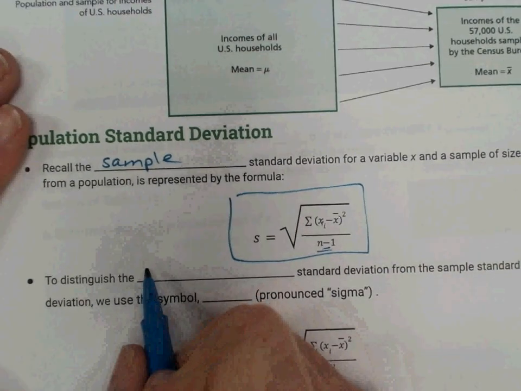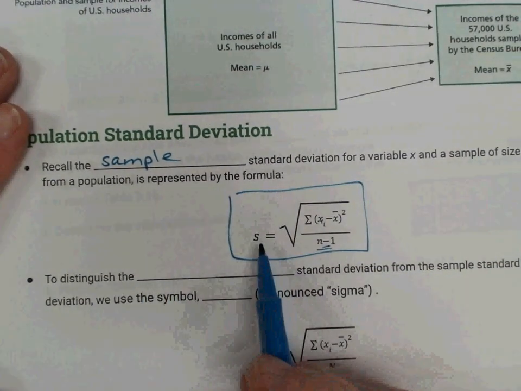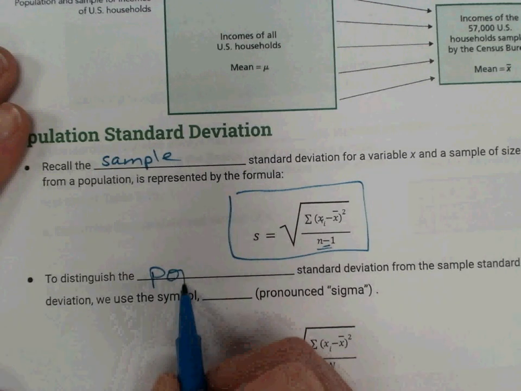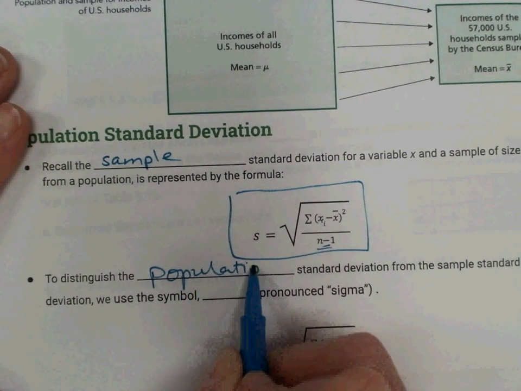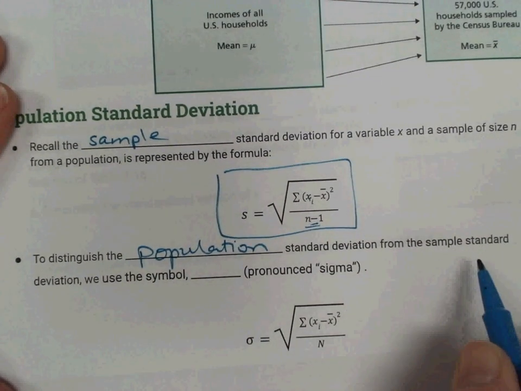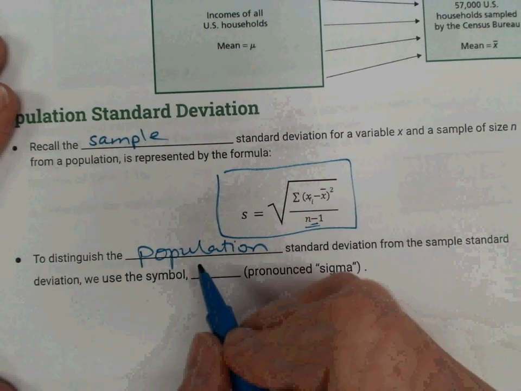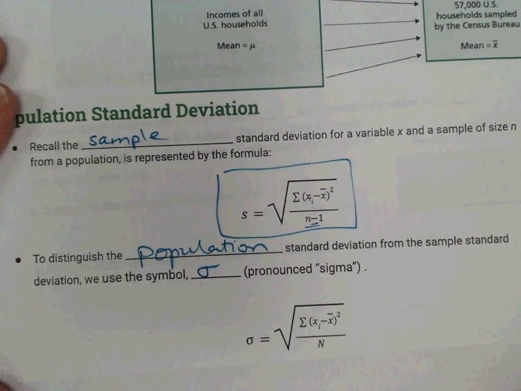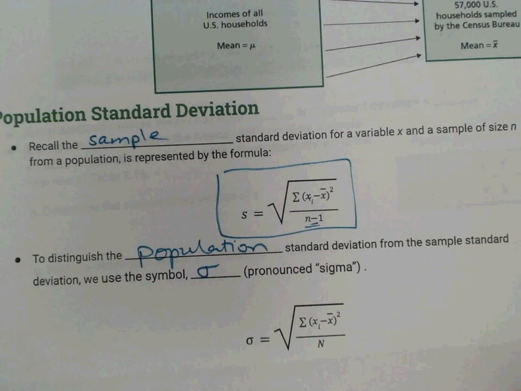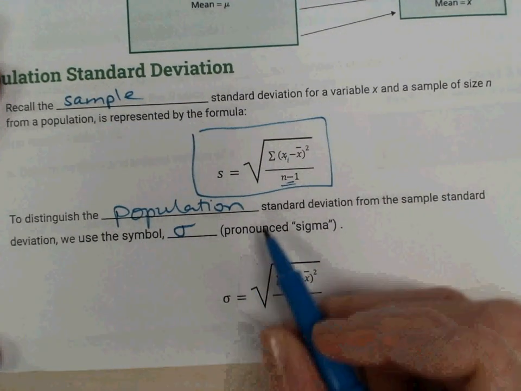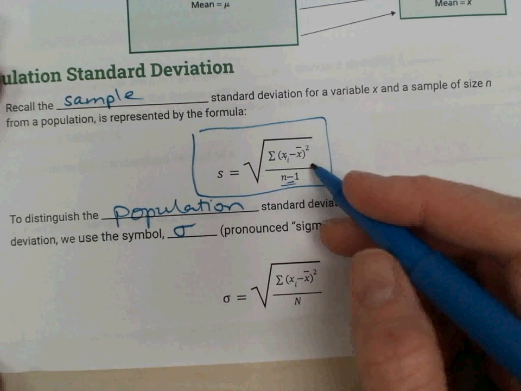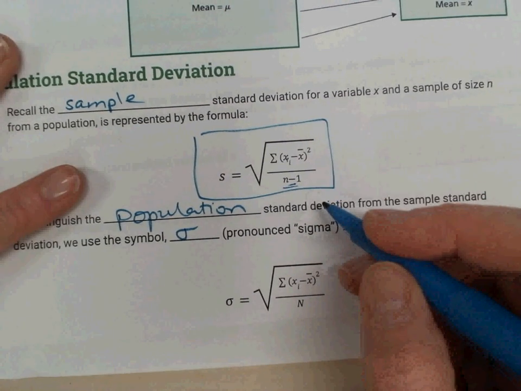There's a very subtle difference to distinguish between the sample and the population standard deviation. And we use this symbol, the lowercase Greek letter sigma, to represent population standard deviation, and it's very similar to the one above.